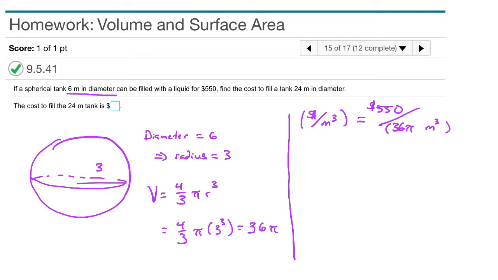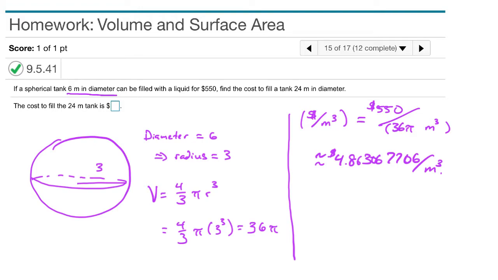Now, if we take 550 and divide it by 36 pi, what we get is a value of approximately 4.863067706 dollars per cubic meter. So that kind of gives us a unit cost for the liquid with which we're filling this tank.